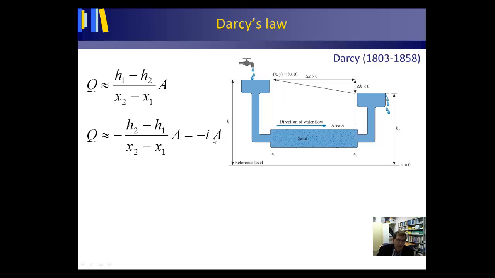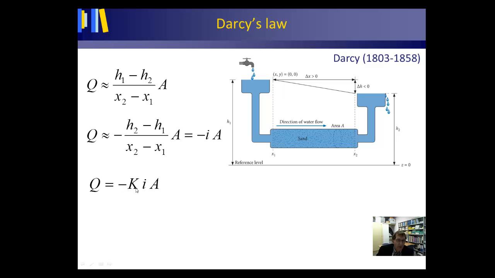In actual fact, this area A, you can look upon it as a kind of false area. Water is not flowing through the area in full, it's only flowing through the pore space in this area. Well, you see here that we need another term.